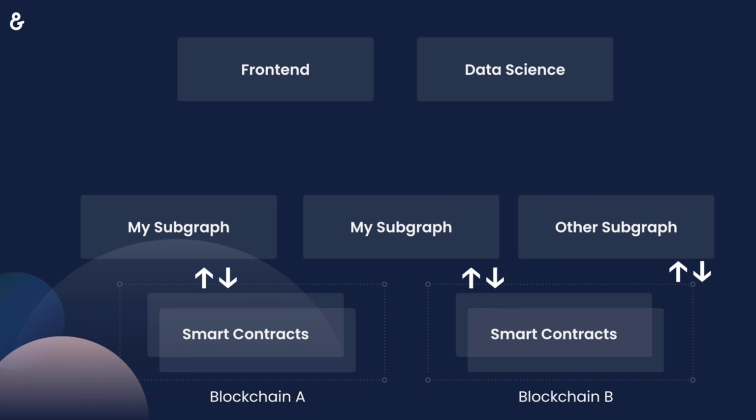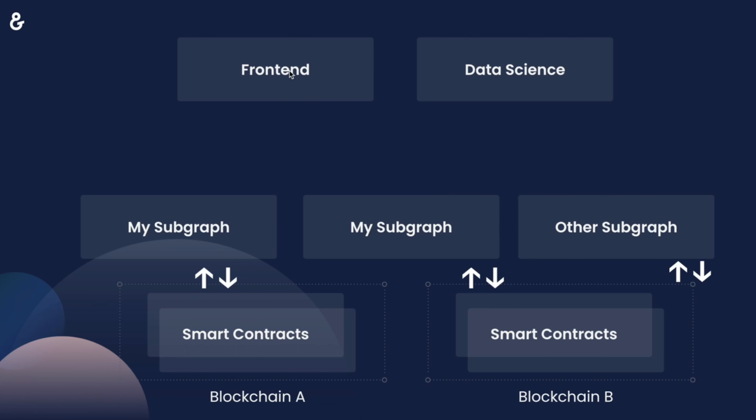There is this whole thing about the so-called dApp chains. I think the Cosmos ecosystem, but also the Polkadot ecosystem, was initially already set up like this, and now it seems Ethereum also transitions in this direction with the rollups. So the reality is that we see more blockchains, which are then combined into one front end or data science application.